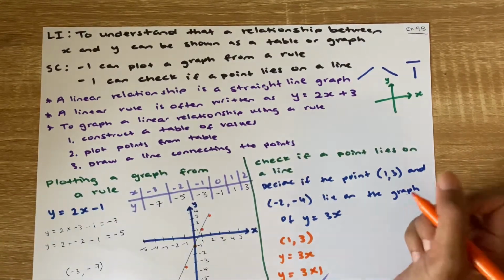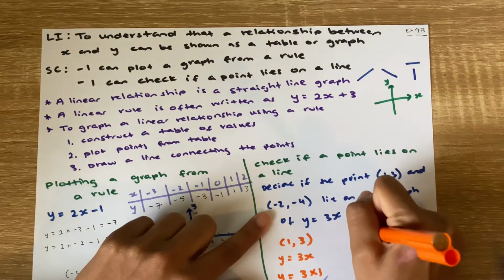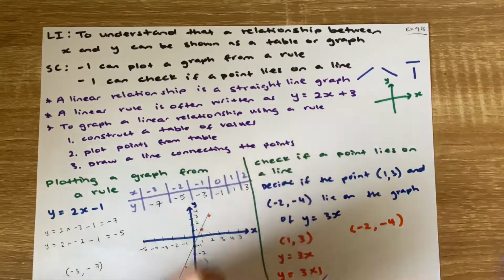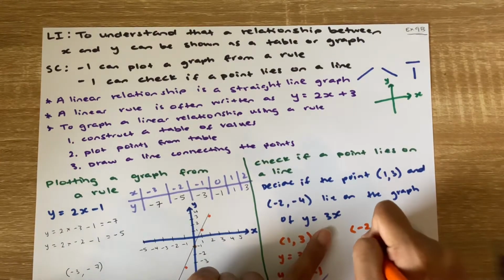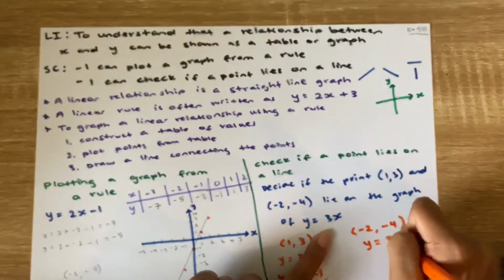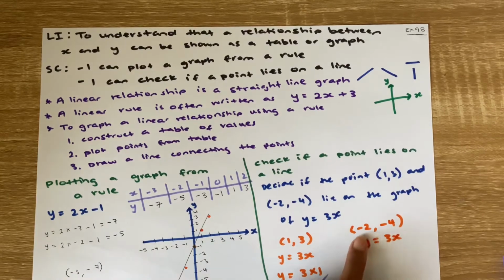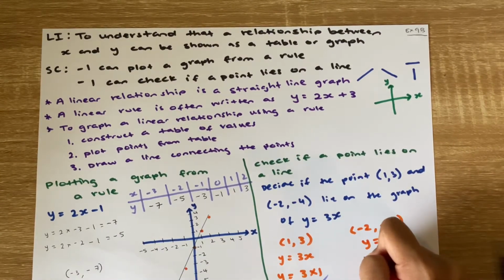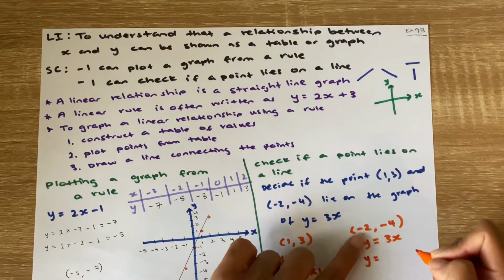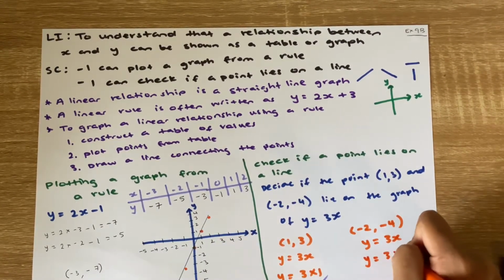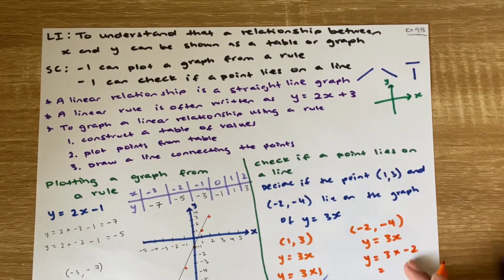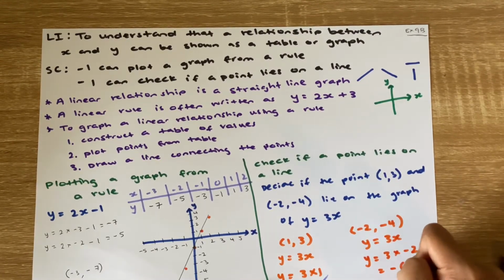Let's try this second one here. So -2, -4. Does -2, -4 lie on this graph? Okay, so if my graph rule is y equals 3x, what we're going to do is substitute this x value. So I'm going to say, what is y when x is -2? So 3 times -2. What is 3 times -2? 3 times -2 is -6.